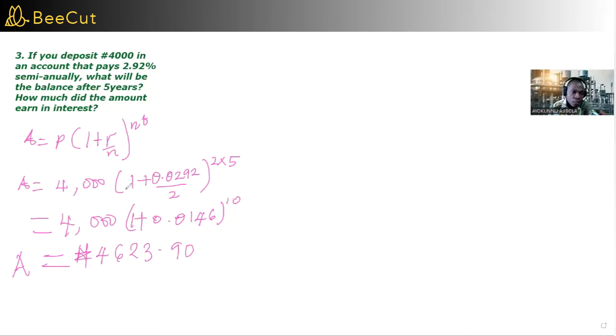So if you started with 4,000 and it came to 4,623.90, that means the compound interest is 623.90 naira. That's 623 naira 90 kobo. So that is that.